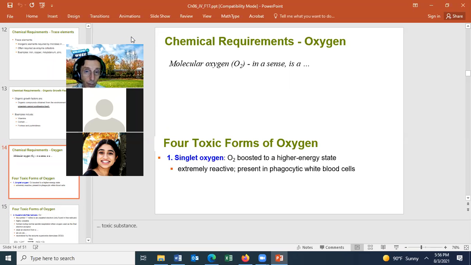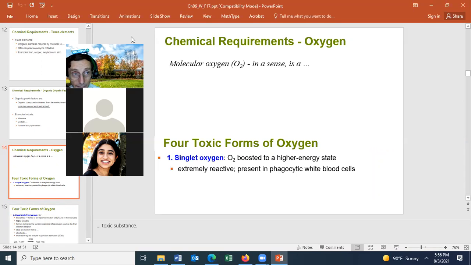Oxygen can be a chemical requirement, and all organisms have a certain oxygen requirement, meaning whether they live with oxygen, or they live without oxygen, or they live with reduced oxygen. Molecular oxygen is, in a sense, a toxic substance, and we are bathed in it, and oxygen directly is not toxic.